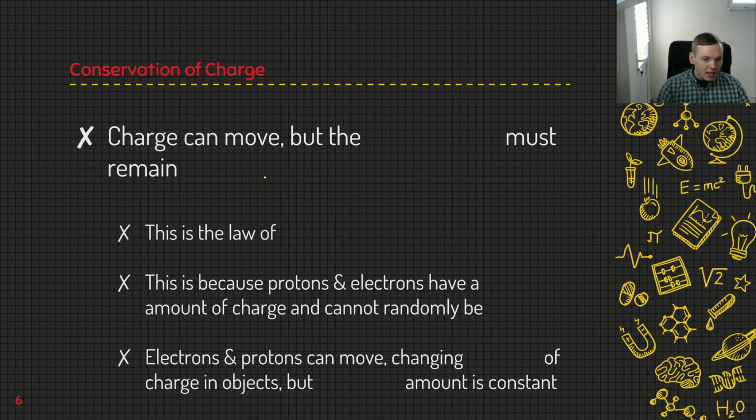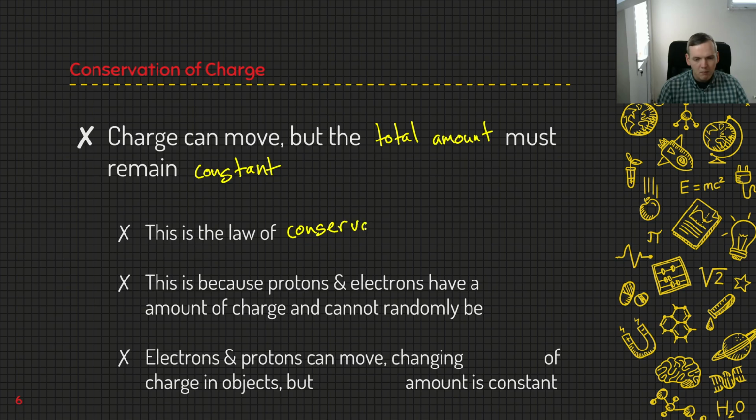Charge can move from place to place, but the total amount must remain constant. And this is the law of conservation of charge. This will make sense as we think through it, hopefully.